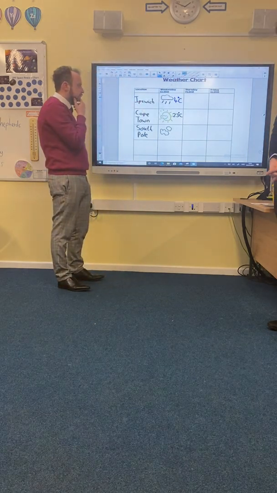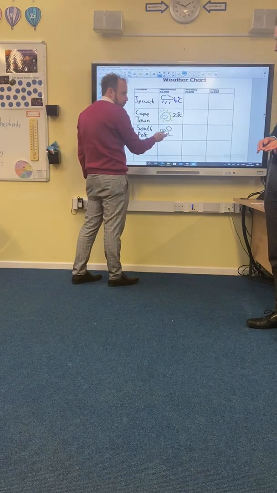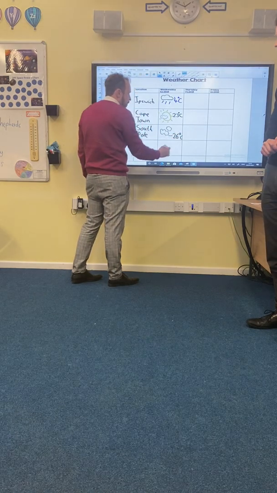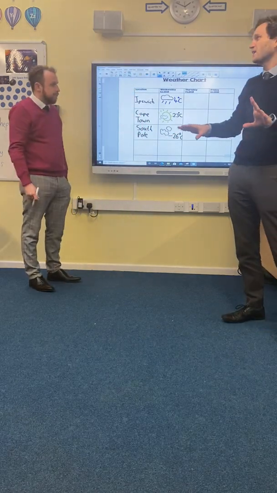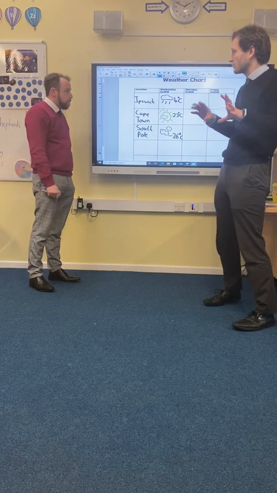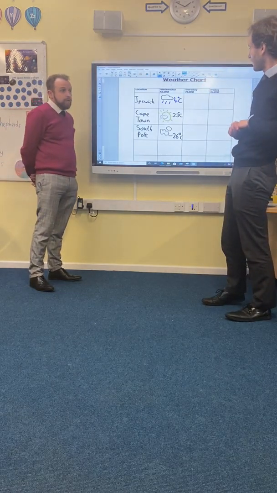It was minus 26. So we do a little minus or takeaway sign there. Minus 26. Wow. If you think about it, we start getting ice and things start freezing when it gets to 0 degrees Celsius. So minus 26 is much lower than that. So it's much colder than it ever gets in Ipswich. Wow. Very, very cold.